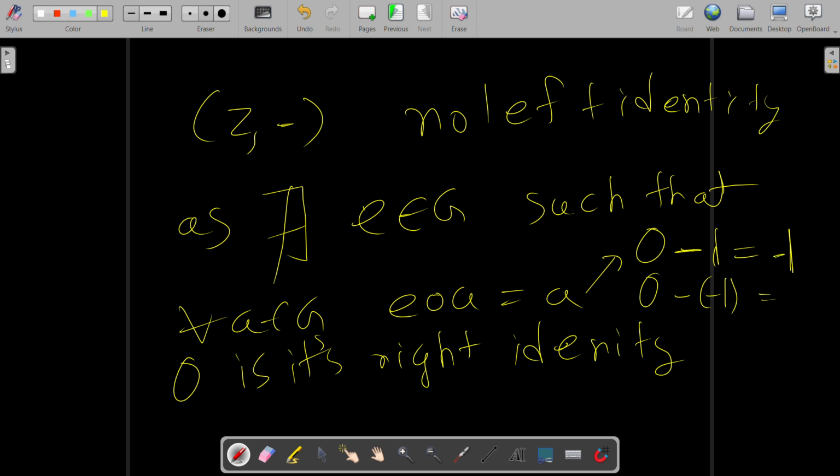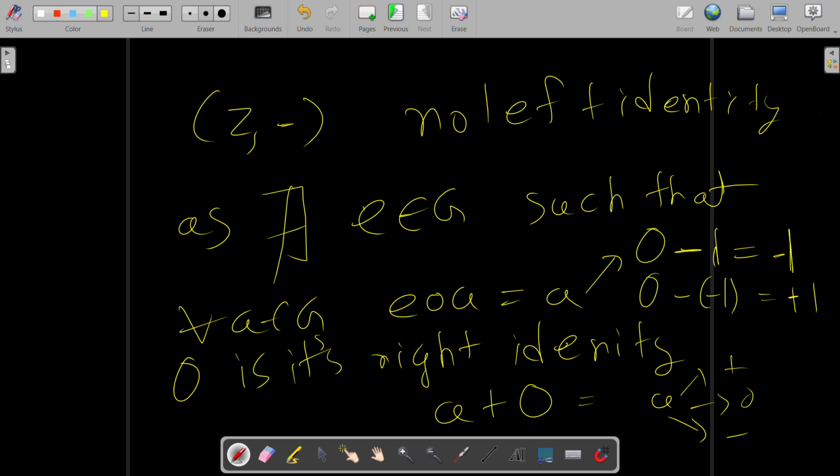So 0 can't become the left identity. But composing with 0 from the right side clearly returns the same integer, whether A is positive, negative or 0 itself. So 0 clearly becomes the right identity.